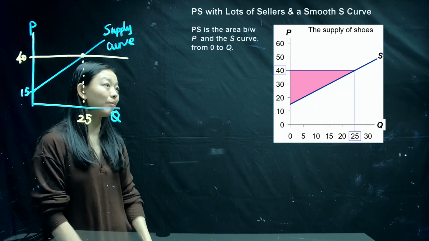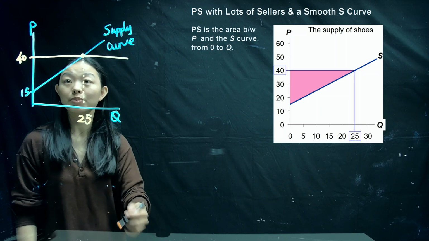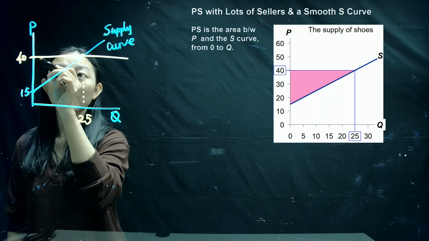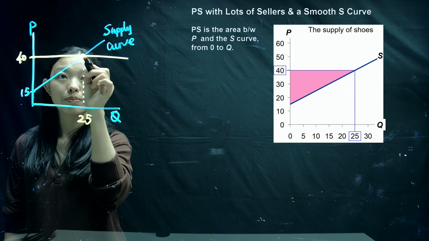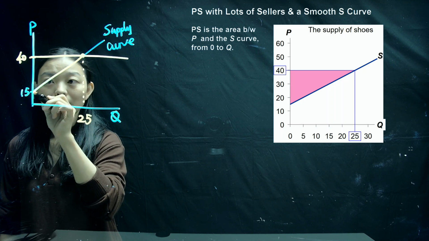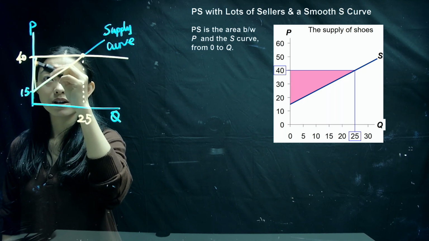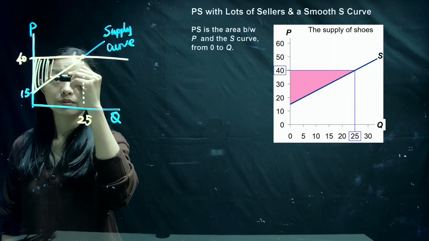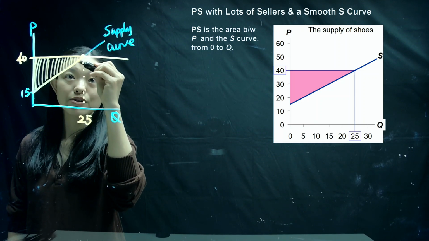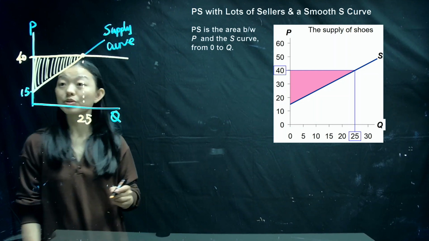Then which area measures the total producer surplus? The area below this market price, but above the supply curve. So actually, this area here measures the total producer surplus.